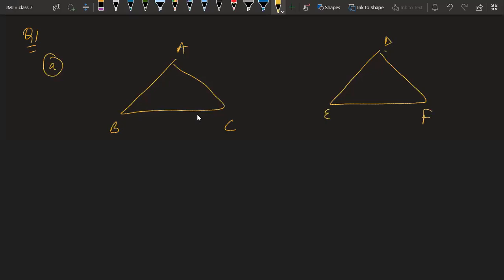First, they are saying AC equal to DF. AC, I am putting a single dash. DF, single dash. Then AB equal to DE, double dash, double dash. Then BC equal to EF, triple dash, triple dash. So class, what do we observe?